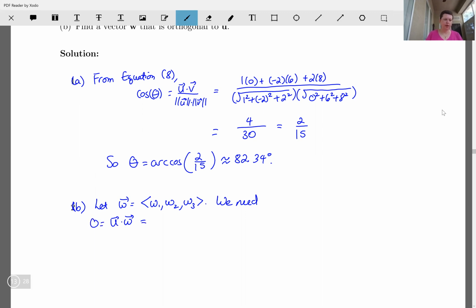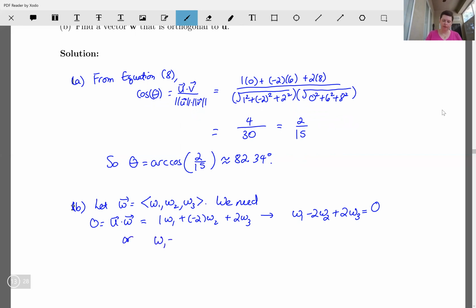But the dot product of u with w is 1 times w1 plus negative 2 times w2 plus 2 times w3, which gives us w sub 1 minus 2w sub 2 plus 2w sub 3 is equal to 0.